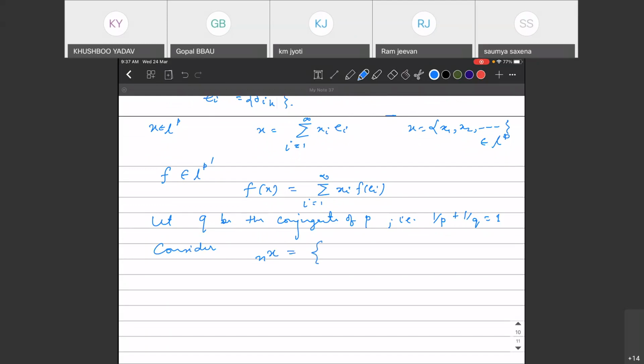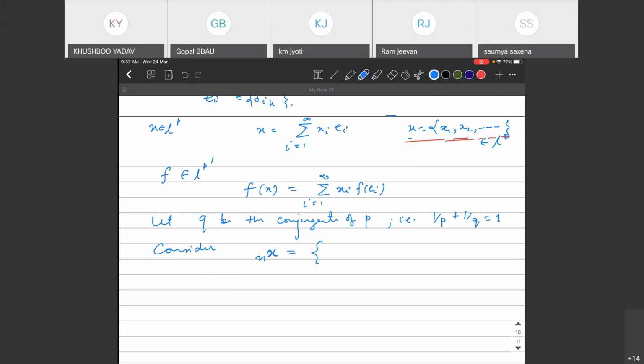So I am writing it as xn. I could write it as xn, but I am writing x as x1, x2 this way. So if I write it xn, you may get confused. So I'm using this notation instead of the usual notation.